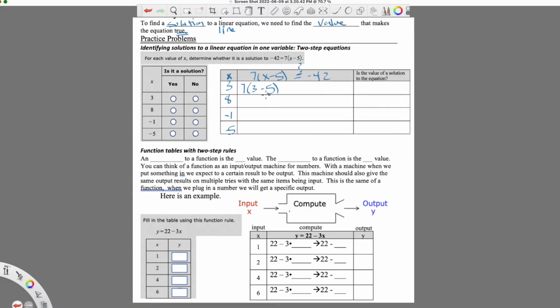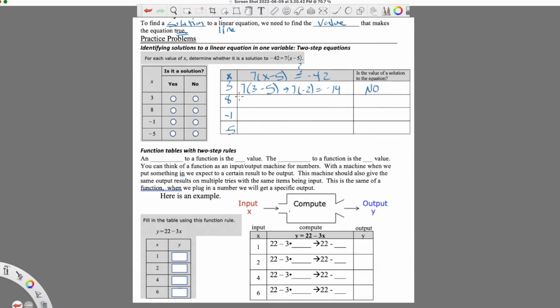I can simplify this: 3 minus 5 is negative 2. And then 7 times negative 2 gives me negative 14. So if I'm asking the question, does this equal negative 42? No, that is not a solution. It does not equal what I want it to equal.